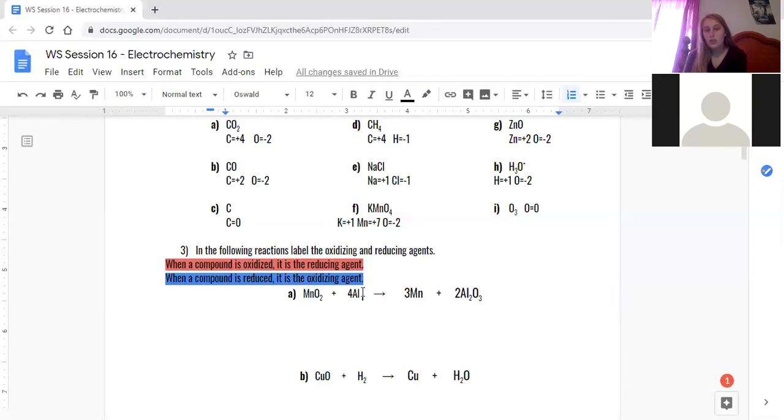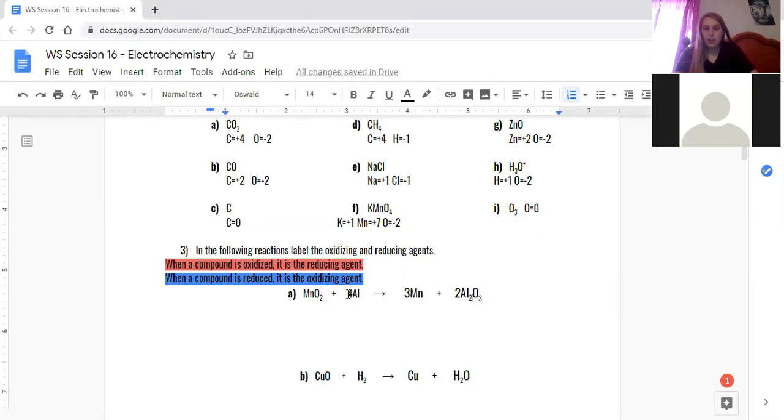So this is 0, so it's by itself. Even if you're in an exam, you're kind of rushed, and you don't want to take the time to figure all these out, and the question doesn't require you to know the exact charges, then you can just say, okay, aluminum's positive here because it's listed first, and oxygen's always negative anyway. So we know that aluminum's charge is going to be increased.